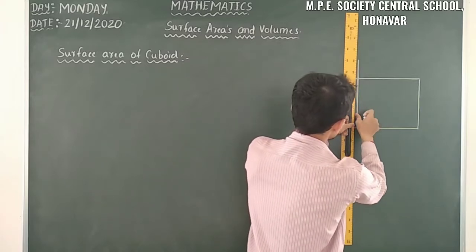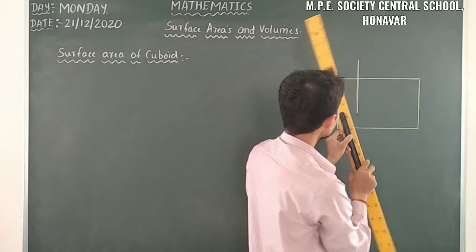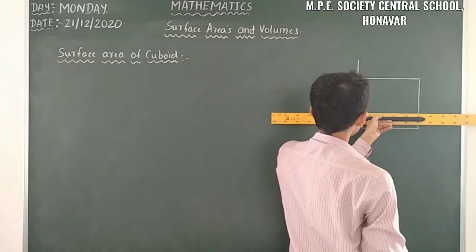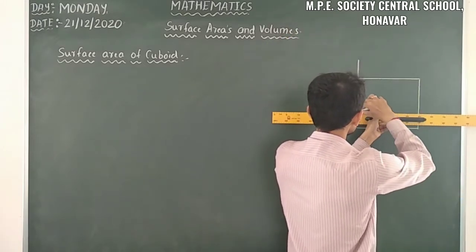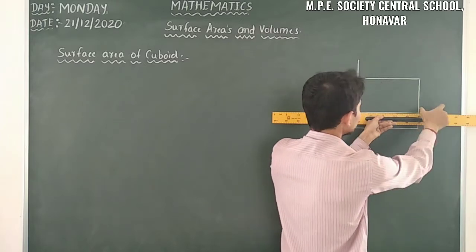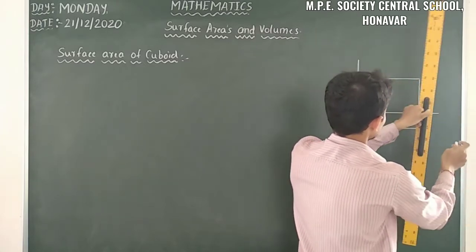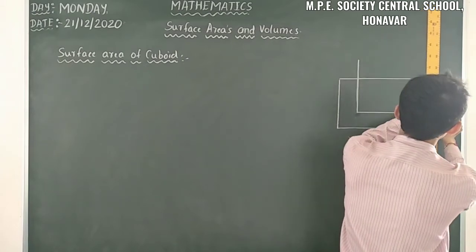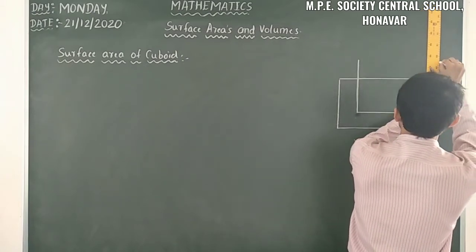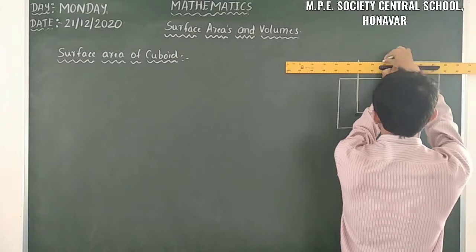So here also, this distance and this distance we have to take the same. Then what we have to do is extend this line. This distance and this distance exactly the same. Yes. So that means both the rectangles are congruent.